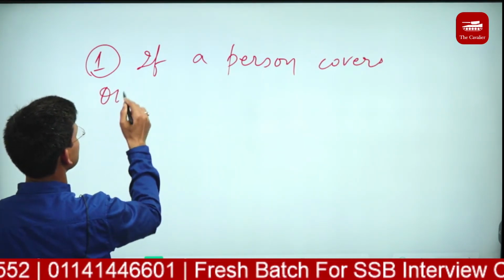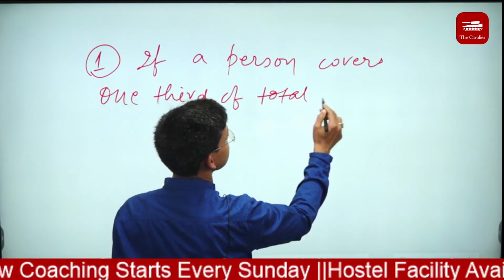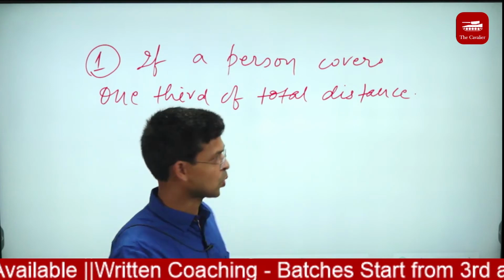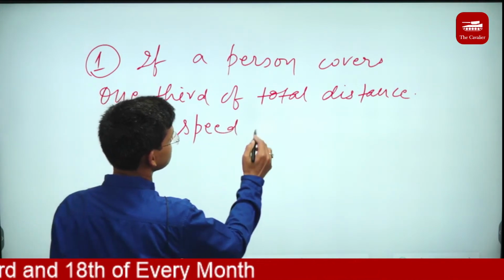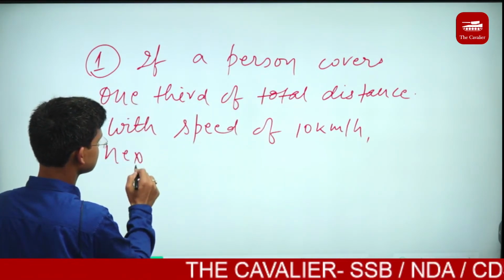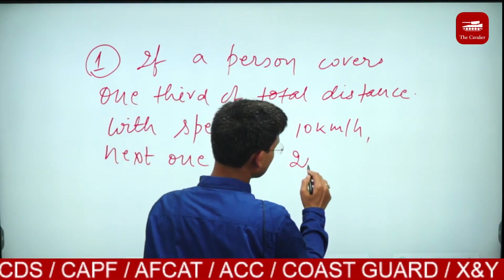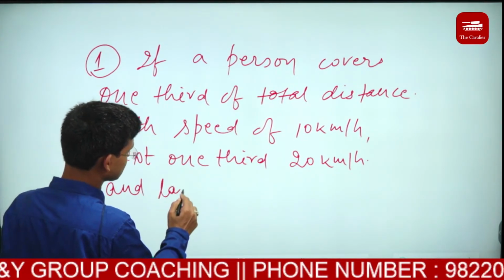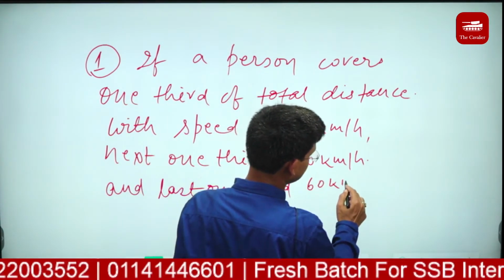If a person covers 1/3 of total distance with a speed of 10 km/h, next 1/3 with 20 km/h, and last 1/3 with 60 km/h.